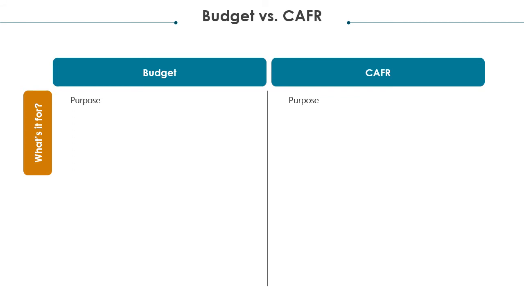Well, if you were like me, you were probably saying in your approach to these two documents that are so similar but so different, why do we have these two? Well, in reality, they are quite different from each other.